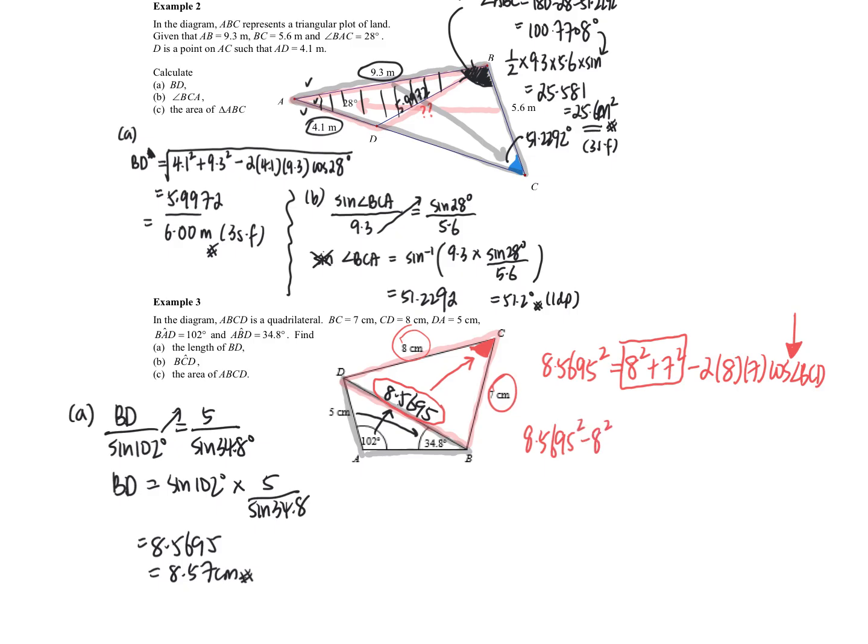Okay, wait, let me finish this. Okay, wait, I really need to finish this. Okay, so this one, cosine BCD. So I already isolated the B square and the 7 square. How do I get rid of this part? Divide. Remember, you don't bring this over as a plus. You divide.